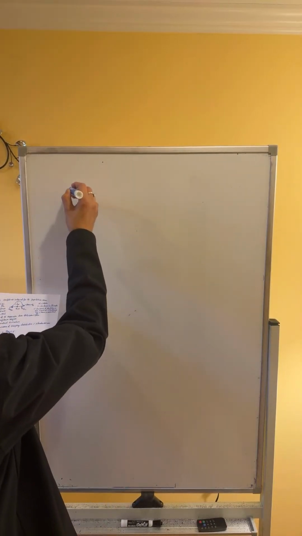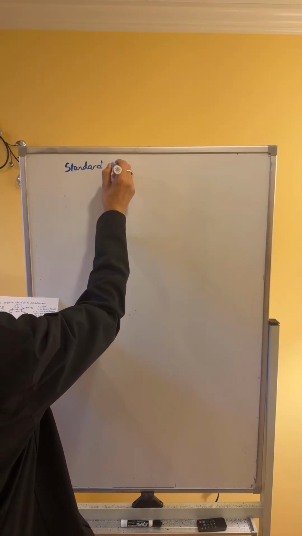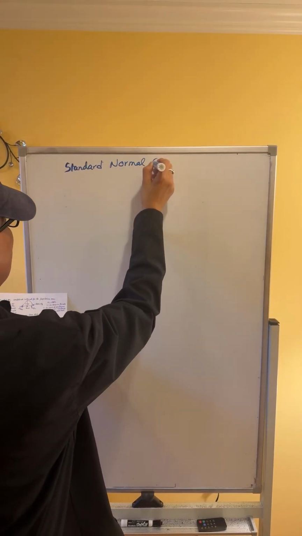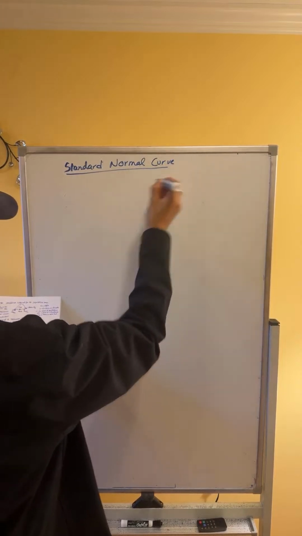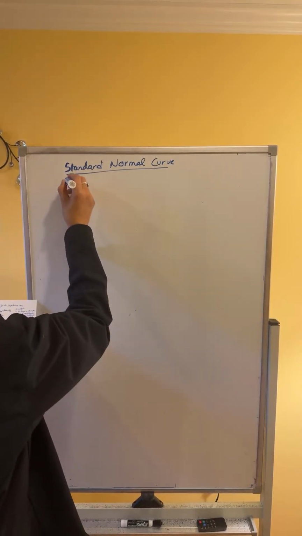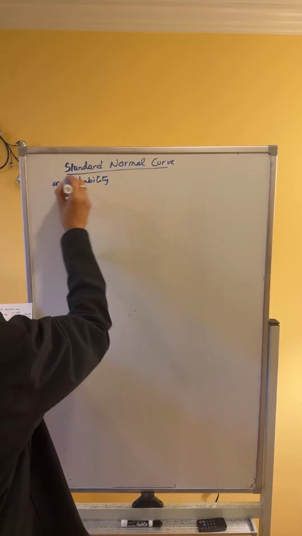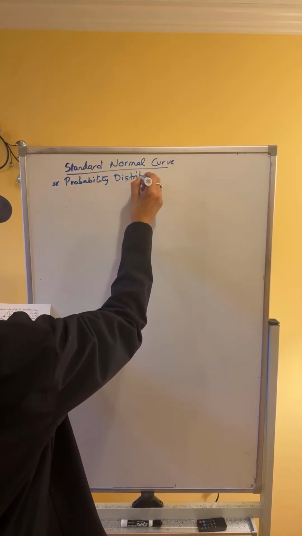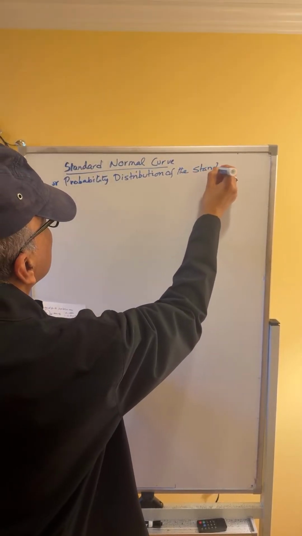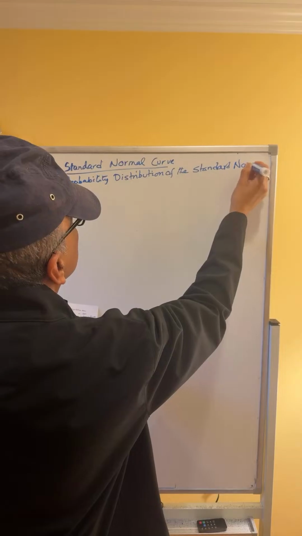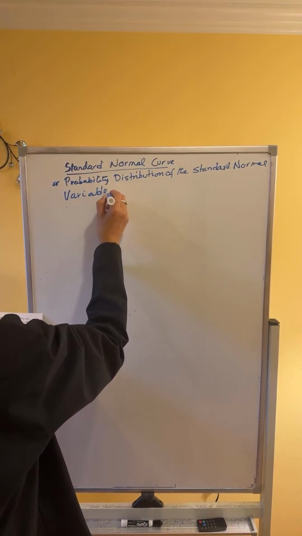So let's start with the standard normal curve. The standard normal curve is the bell-shaped probability distribution of the standard normal variable, which is given by the letter Z as in zebra.